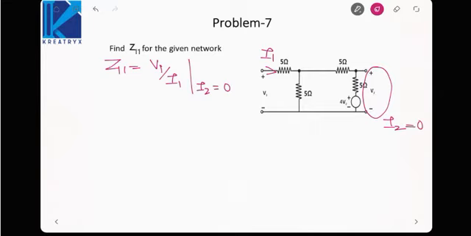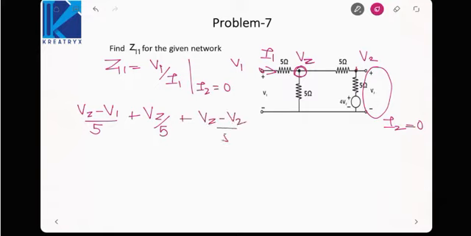Okay. So I will assume the voltage here as Vz. Here the voltage is V2. Here the voltage is V1. Okay. Now I will apply the nodal analysis. Apply KCL at this node. So Vz minus V1 by 5 plus Vz by 5 plus Vz minus V2 by 5.